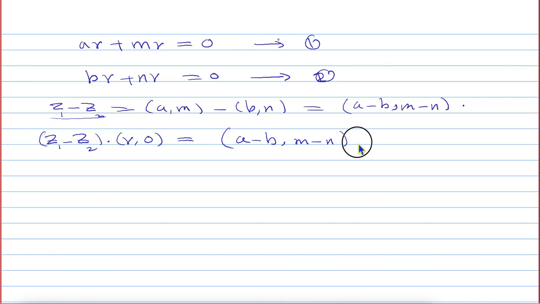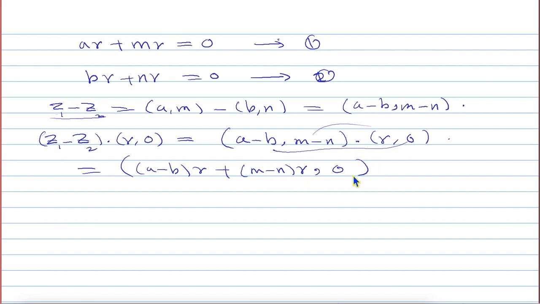And by multiplication, this equals (A minus B) times R plus, of course, 0 times (A minus B), so we can skip it, plus (M minus N) times R, and 0. Okay, and this in itself equals (AR minus BR plus MR minus NR, 0).